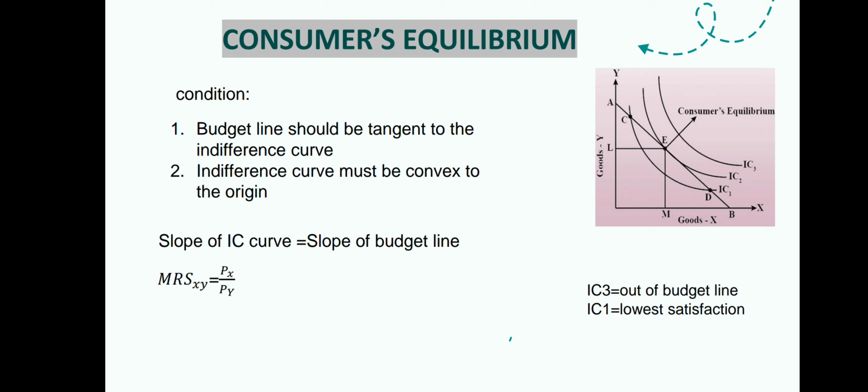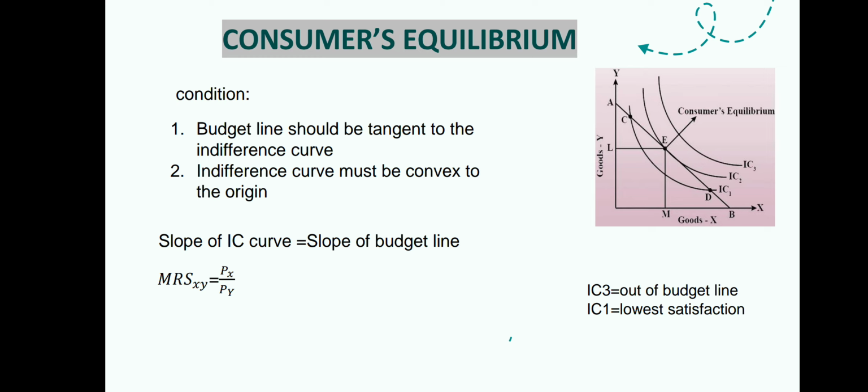We can see in this graph that there is a budget line which is AB, and there are three indifference curves, IC1, IC2 and IC3. IC1 cuts the budget line at points C and D. IC curve 2 has a tangential point on AB, which is E, and IC curve 3 has no intersect point with the budget line AB.